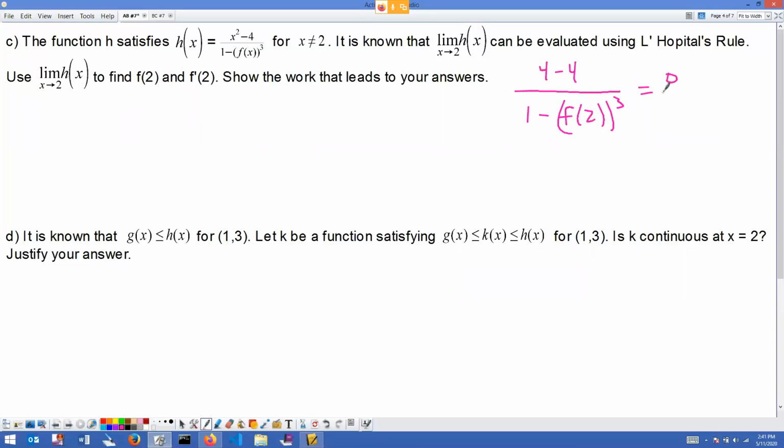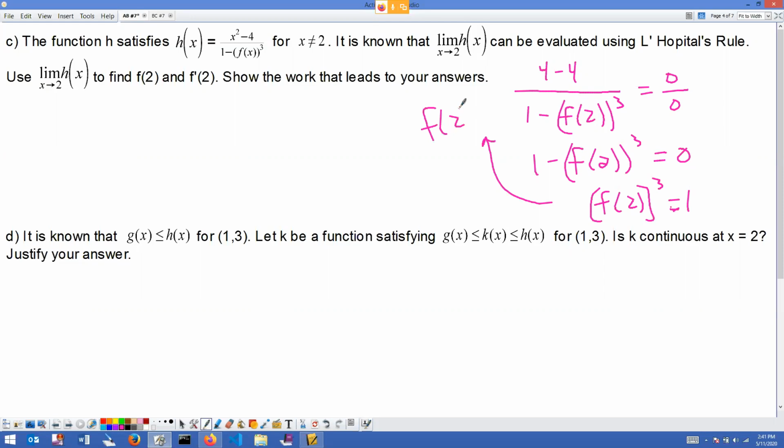And we know that that's supposed to equal now 0 over 0. So that means that the denominator of this, 1 minus f of 2 cubed, has to equal 0, which tells us that f of 2 cubed equals 1, or f of 2 then has to be 1. Any questions on the first part of part C?